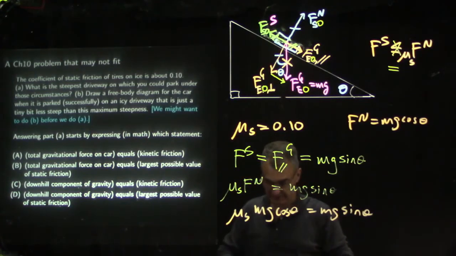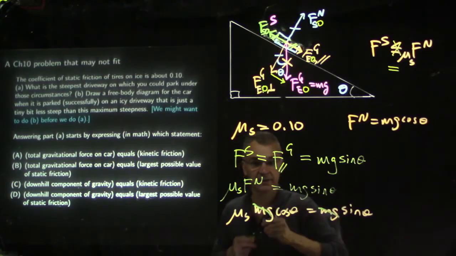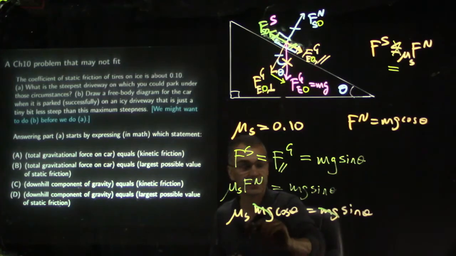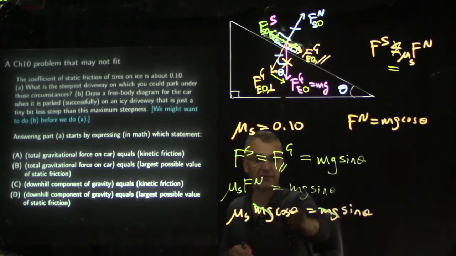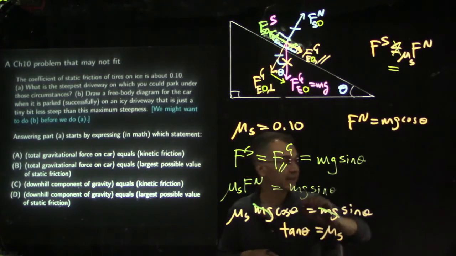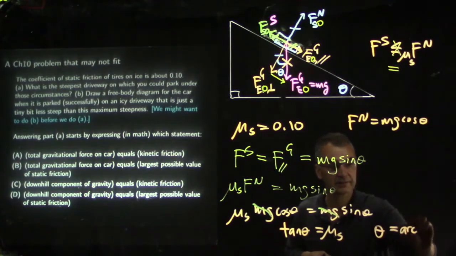Everything cancels except sine theta divided by cosine theta equals mu static. So that's tan theta equals mu static. So theta is arctan of mu static.